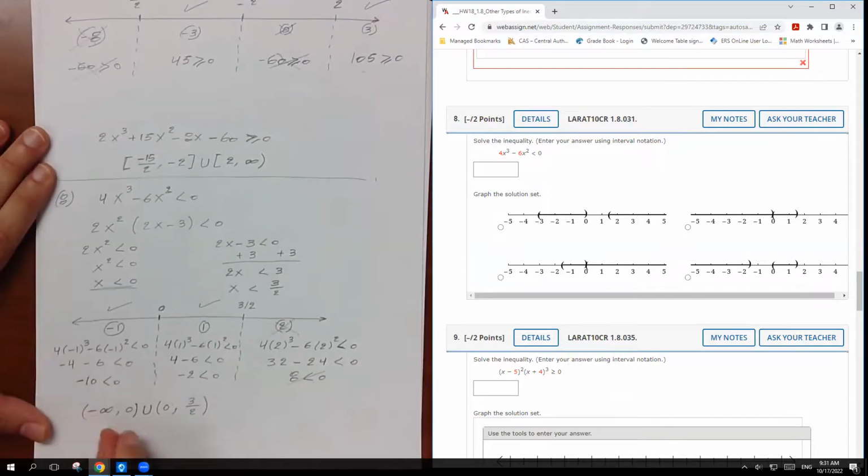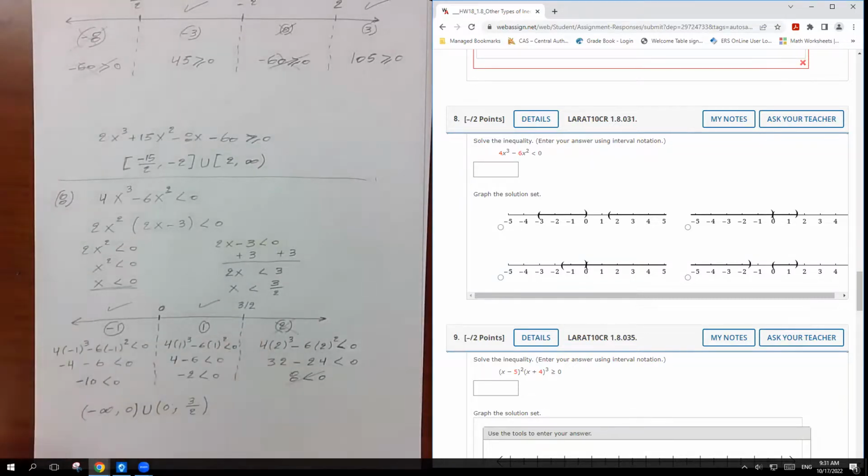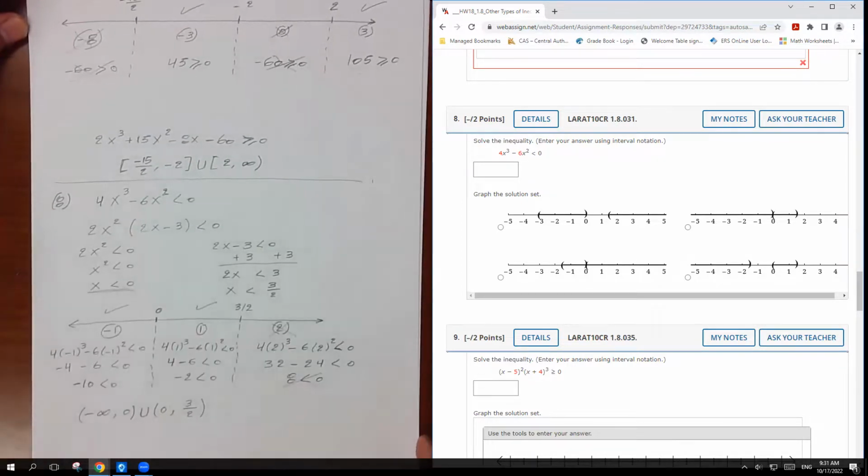Or you can merge these together from -infinity to 3 over 2, because it's the same interval, except the 0. So keep it like this, because there is no equal sign. We can't merge these together, because there is no equal sign at the 0. That means all numbers except the 0.